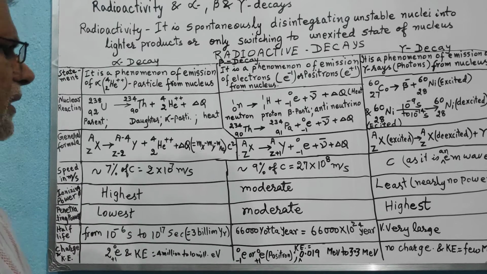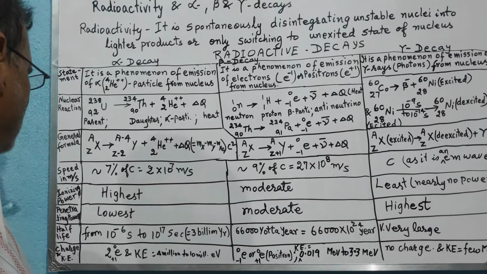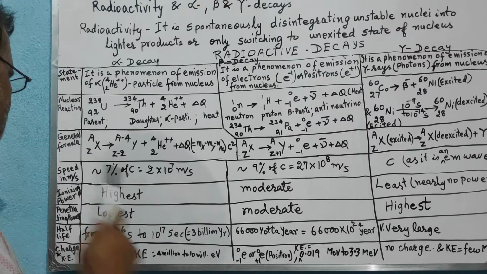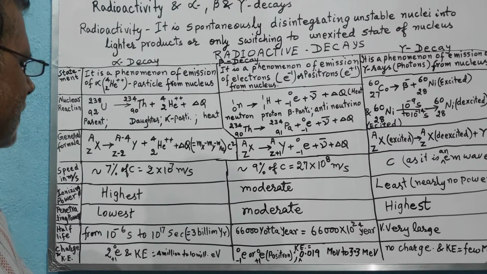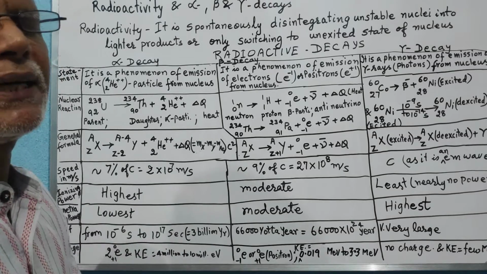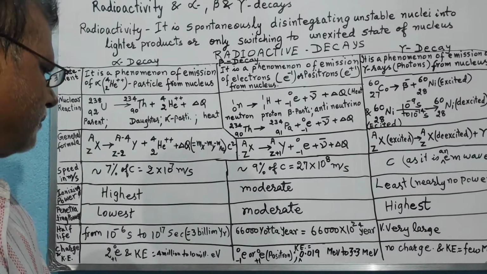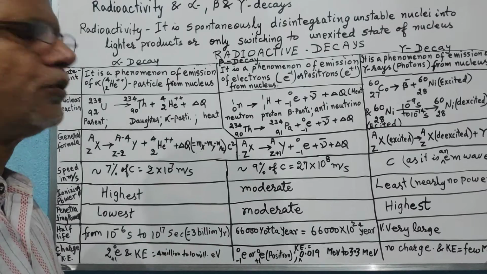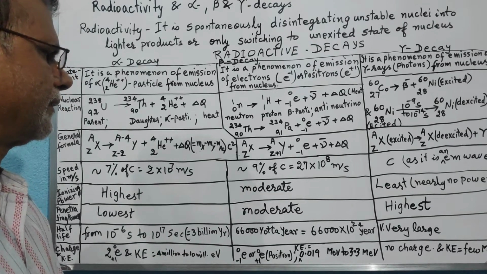Now we talk about the speed. The speed of alpha particles obtained from alpha decay is about 7% of the speed of light in vacuum, nearly equal to 2 into 10 to the power 7 meters per second.